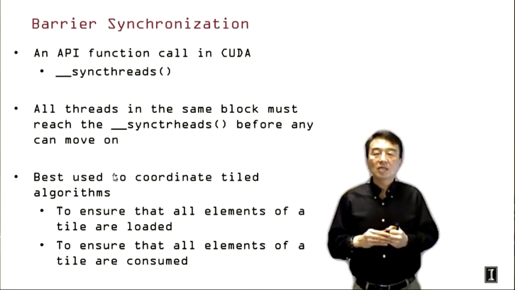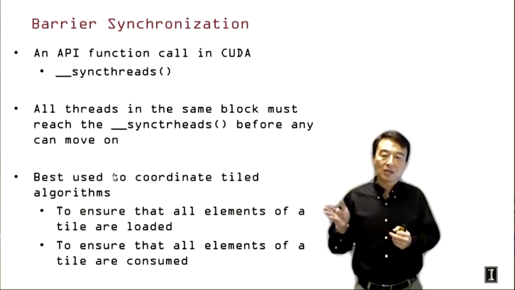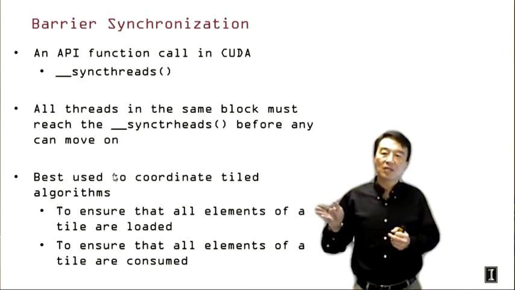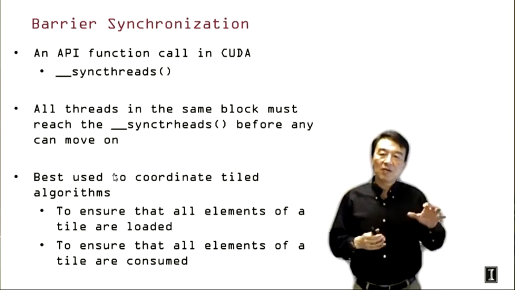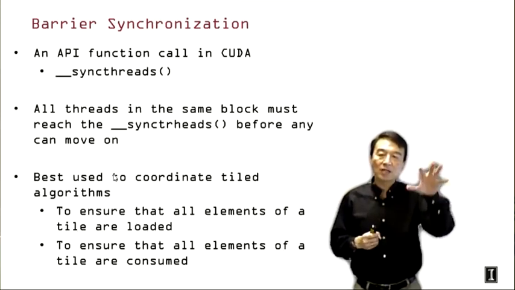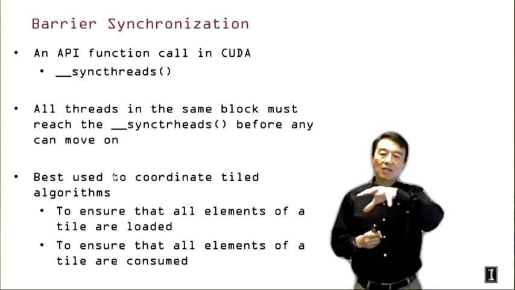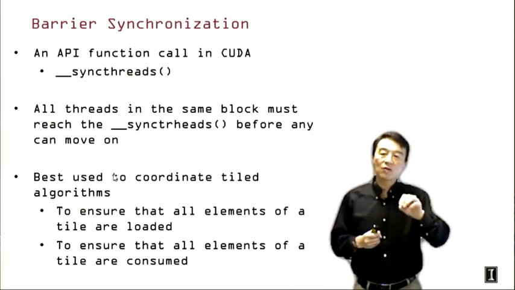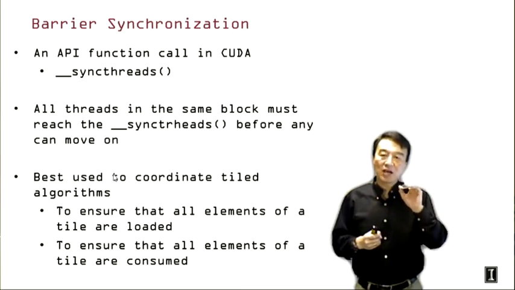So this is used in tiled algorithms to ensure that all the elements of a tile have already been loaded. So we have all the threads collaborate and load the tile data into the shared memory. And we use barrier synchronization to make sure that all the threads have finished, because the threads may execute in slightly different timing.